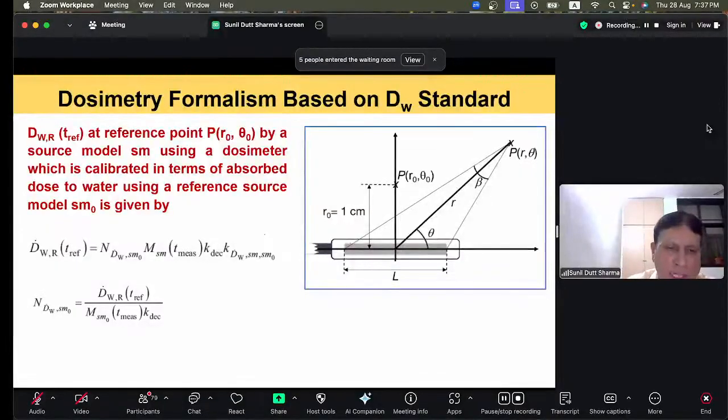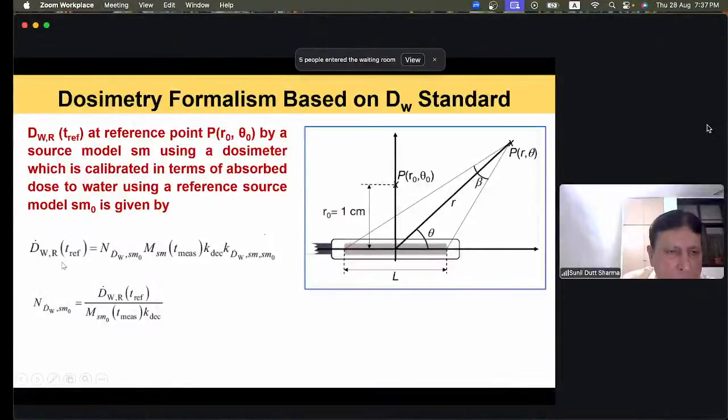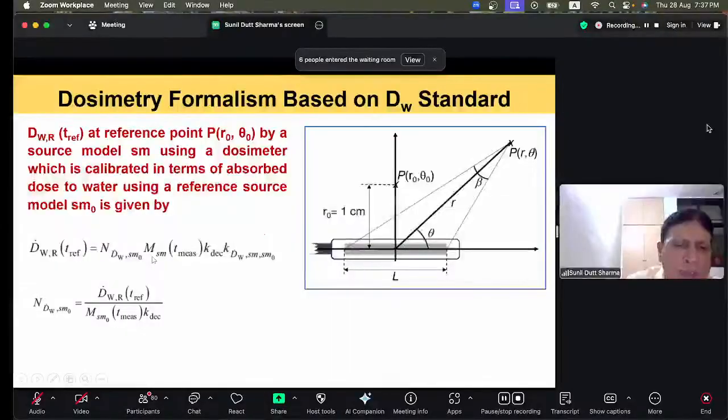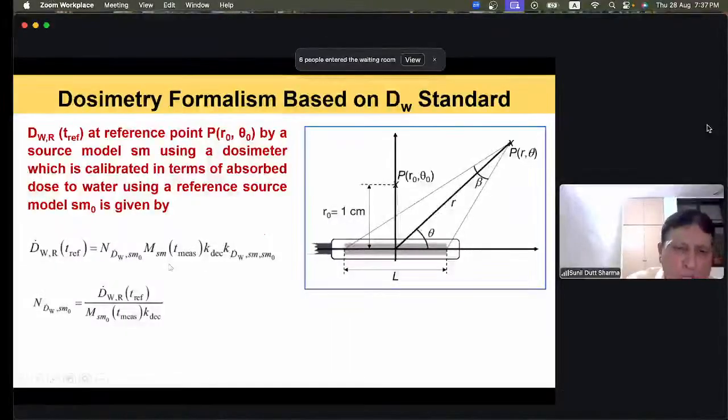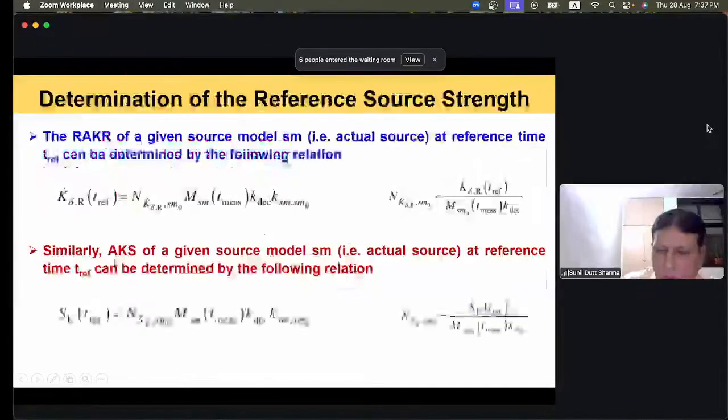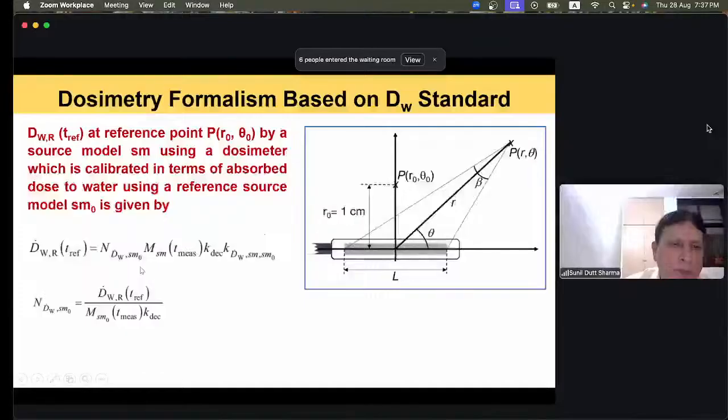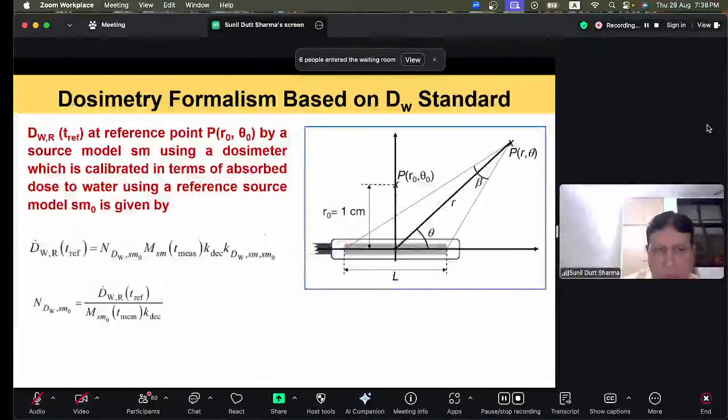So if this is the case, then the source strength can be quoted in terms of absorbed dose to water also. And here the calculation expression remains the same. One difference is that now we require the calibration coefficient in terms of absorbed dose to water for the given model of the source, and the rest of the parameters remain the same.